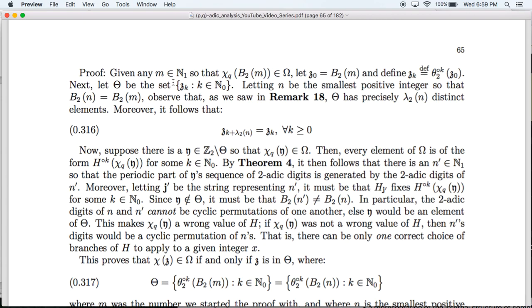Letting n be equal to b2 of m, observe that, as we saw earlier, big theta has precisely lambda 2 of n distinct elements.